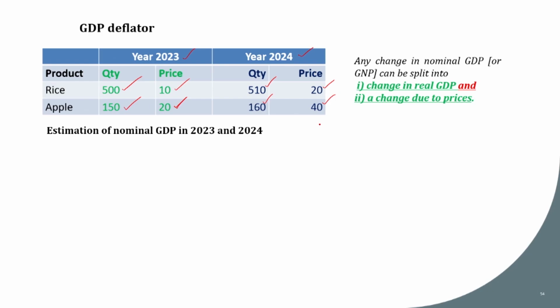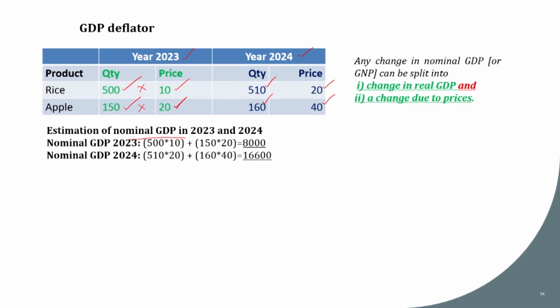So based on this, let us see the estimation of nominal GDP. For 2023, rice contribution is 500 times 10 and apple contribution is 150 times 20. Similarly, for 2024 you can calculate the respective quantity of each product times the price of that product. Accordingly, you will get the nominal GDP in each year.